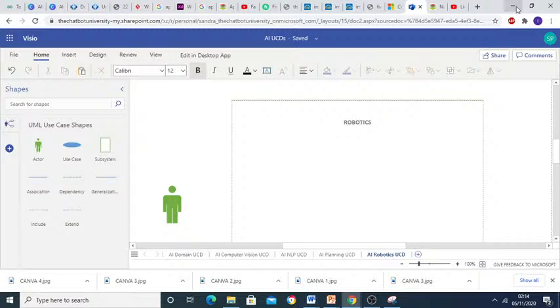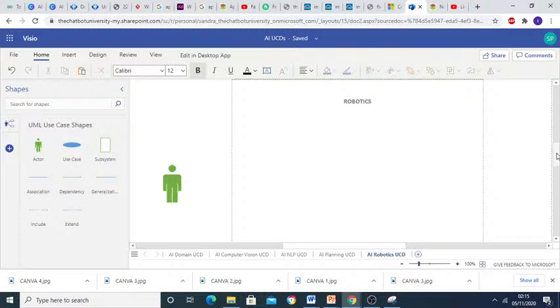So what we're going to do now is to begin to draw our use case diagram, and drawing that diagram will help put us in the picture. So you have this user here, somebody within the automobile industry, somebody within the manufacturing industry, somebody within e-commerce and retail.